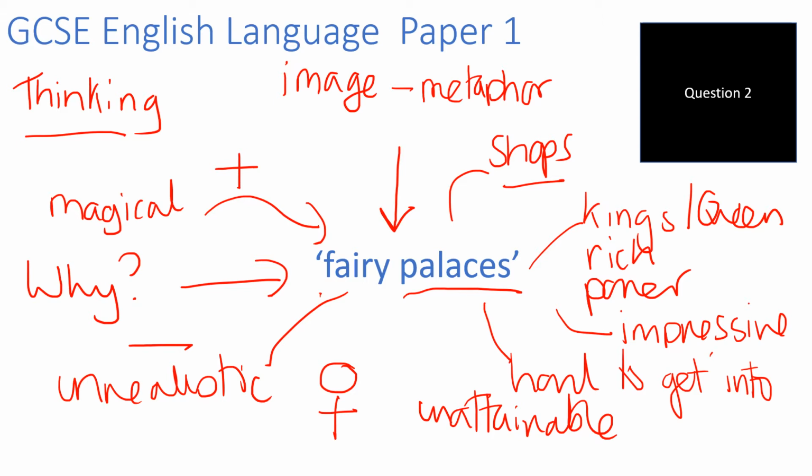And the fairy palaces represents what she wants. She wants that magical experience, but actually her life is miserable. And so what the writer is doing, and why he describes it as fairy palaces, is to show a contrast.